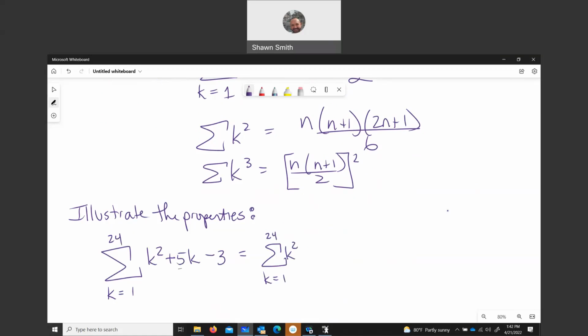I have a k squared formula, I can plug that in, plus 5 times k, 5 is the constant, it can come out, 5 times the summation as k goes from 1 to 24 of just k. I have a formula for this. And then this is a constant right here, minus the summation as k goes from 1 to 24 of 3.